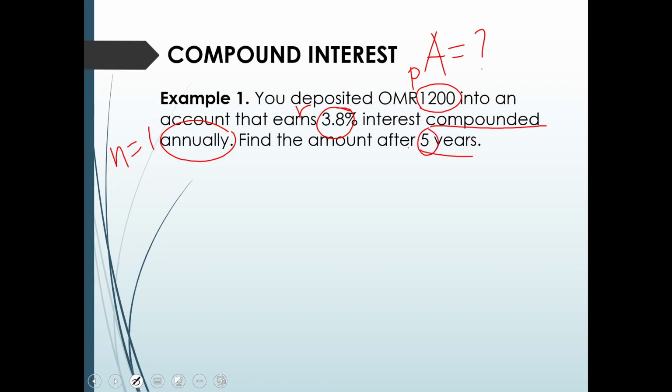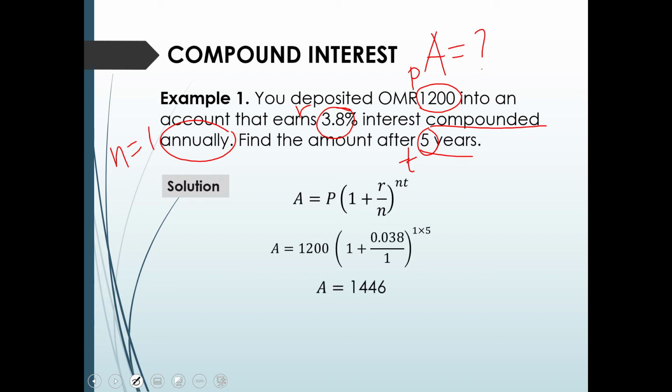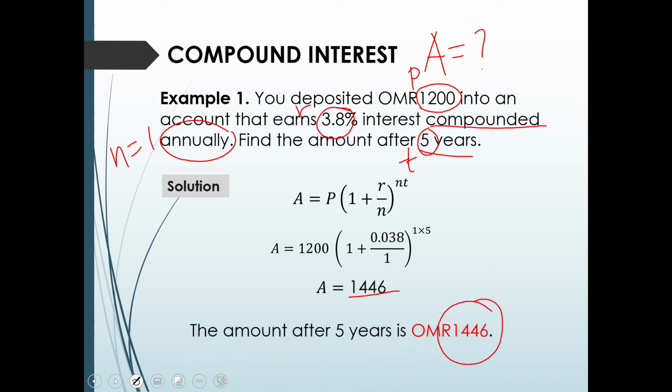This is your T, 5 years. It's already in years, so we don't need to worry about that. So we will plug it into the formula for compound interest: principal, times 1 plus rate 3.8 divided by 100, over N, which is 1, times 5. So A is 1,446.